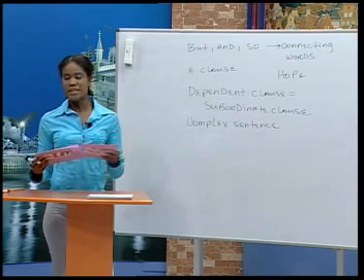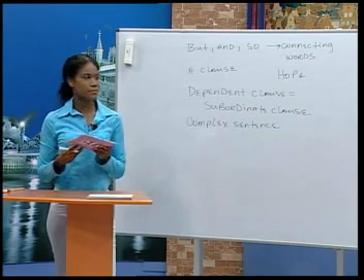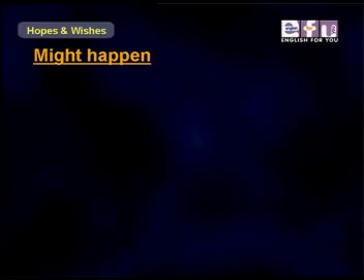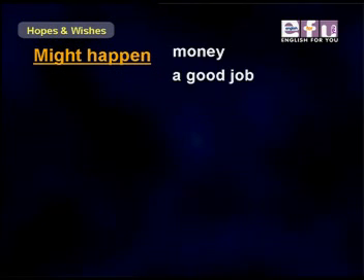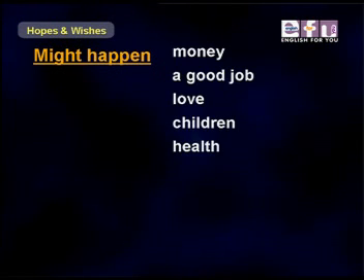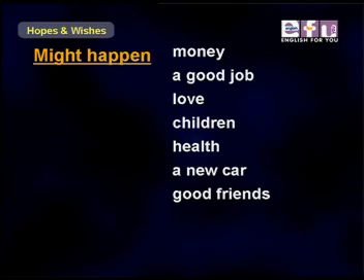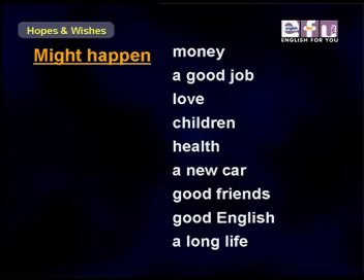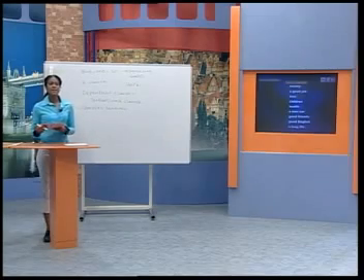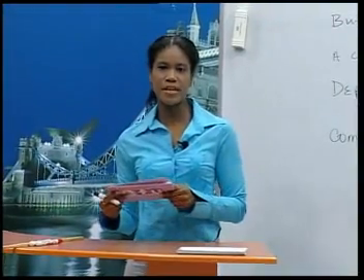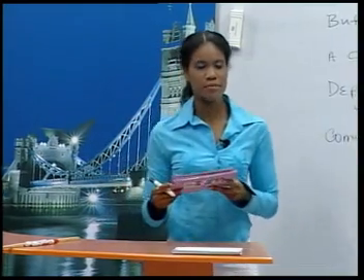Now, let's look again at our list. Things that might happen: money, a good job, love, children, health, a new car, good friends, good English, a long life.